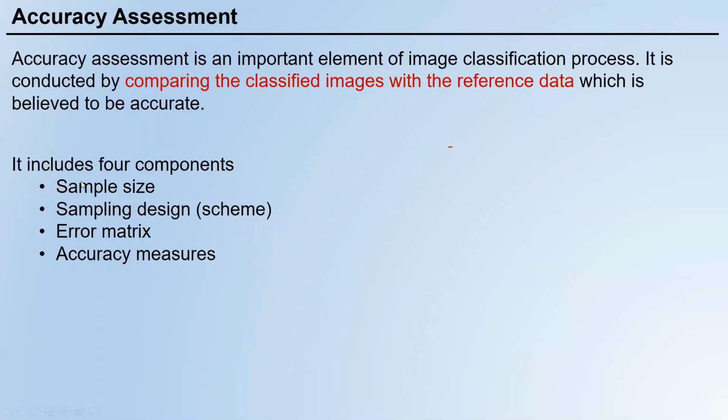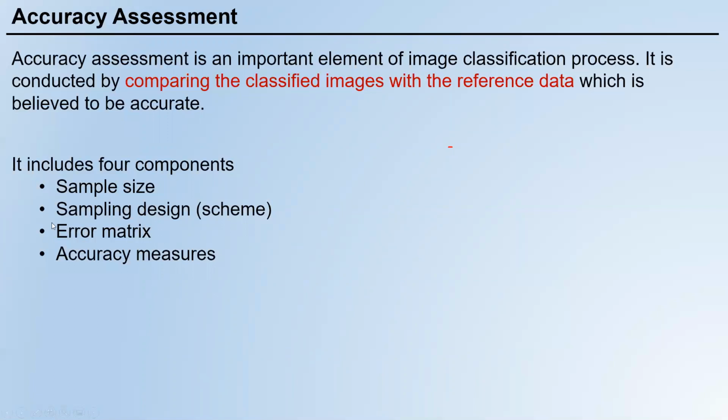So we need to decide the size of sample, how many pixels you want for accuracy assessment, and a sampling design. What's the scheme you are going to use to choose all those sample pixels? That's a problem of statistics.